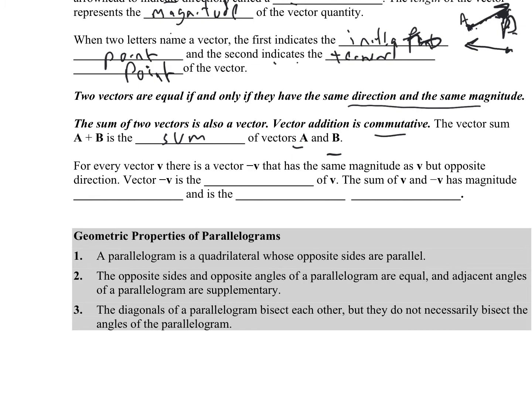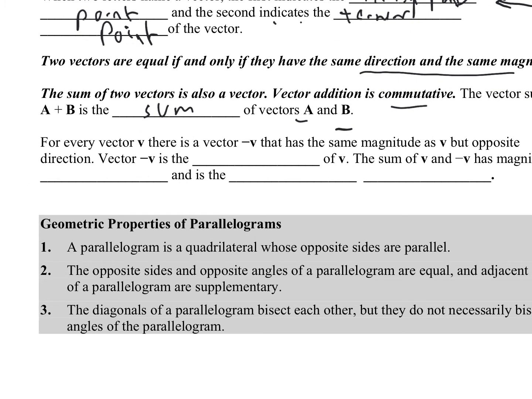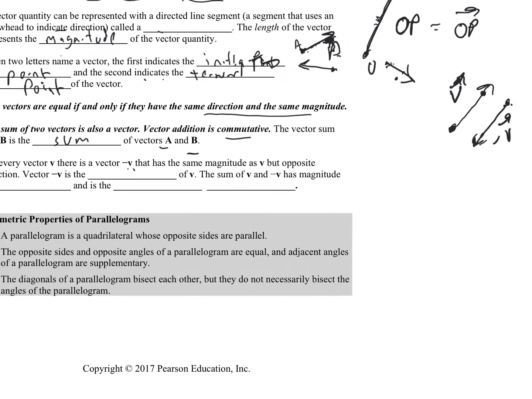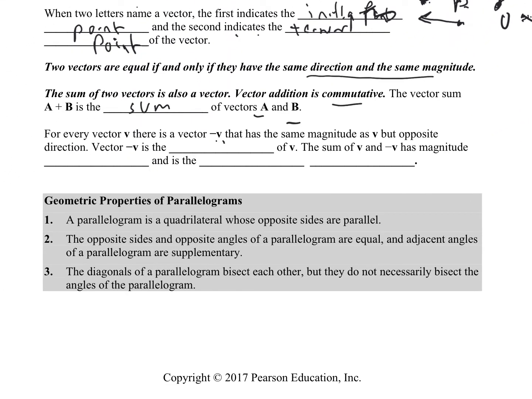For every vector V, there is a vector negative V. Well, I was just talking about that right over here. I could have called this vector V, and this vector is negative V. That's the opposite direction, and that's what we were talking about right here.